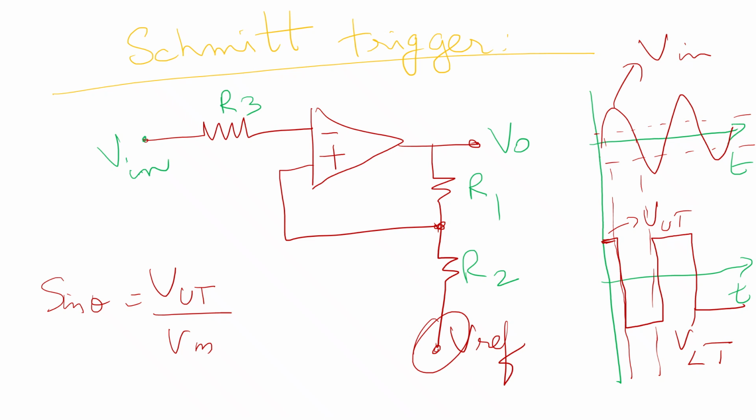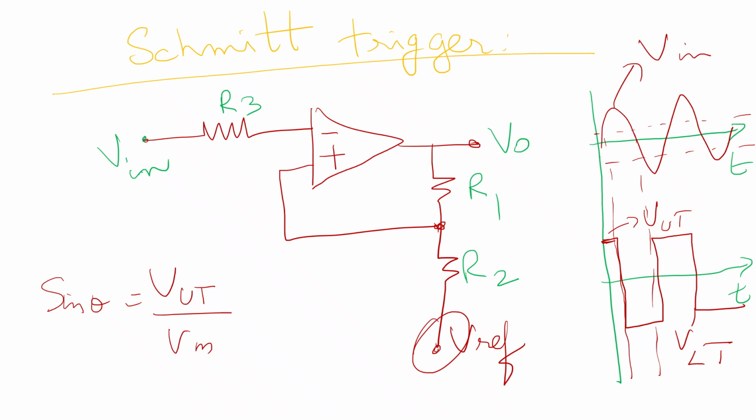The same case, if the input is fed to the non-inverting Schmitt trigger, then we'll assume that the output is positively saturated, that is at plus Vsat. This is fed back to the non-inverting input through the R1 resistor. This is a positive feedback.